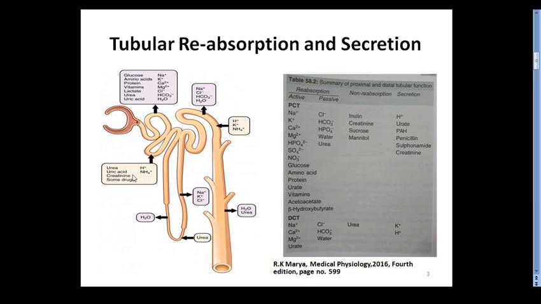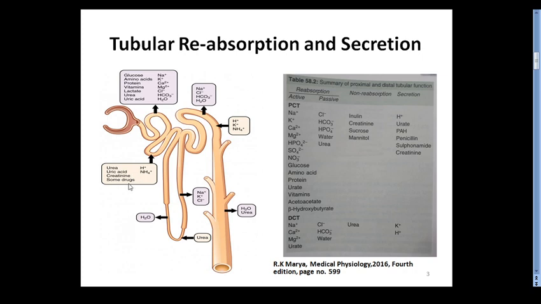When it gets filtered, it does not get reabsorbed at all in any part of the renal tubule. Whatever amount is filtered into the renal tubule is passed as such into the urine. Rather, a little quantity of creatinine is added in the PCT part into the renal tubule. That's why creatinine is considered a tool to measure the GFR, and that test is called the creatinine clearance test.